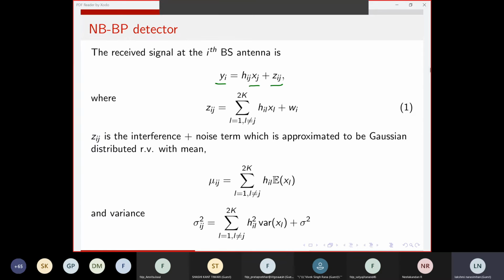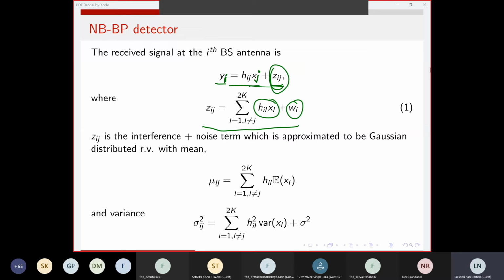We'll rewrite this entire thing as this. Every ith observation, we'll express as a function of the jth variable node plus some interference term, and that interference term is given by this quantity. This is the interference from all other variables plus the noise.